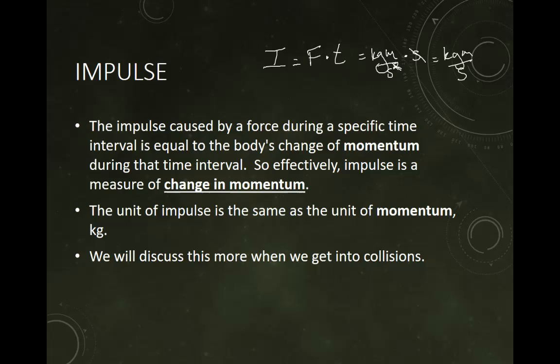So effectively, impulse is a change in momentum. So this can also equal change in momentum, and we'll play with that more in our next unit. We will discuss this more when we get to collisions, but this is a good introduction. I think you have the basic ideas for what you need here.